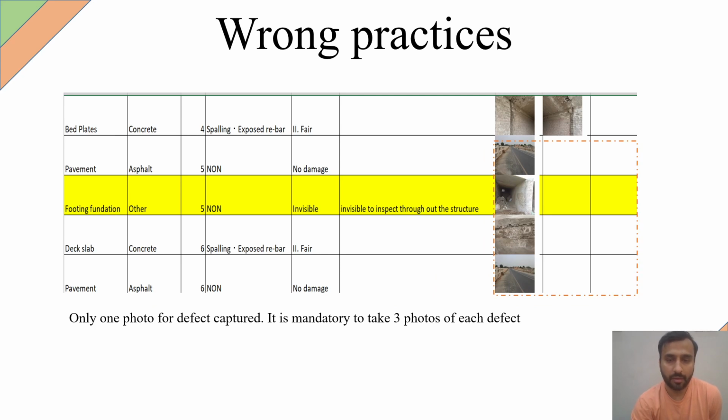Here you are recording some defect and capturing only one photo, so this is wrong; at least three photos should be there, not one. Sometimes you will be unable to visualize the type of damage due to limited accessibility, so you have an option to record such a condition as invisible.